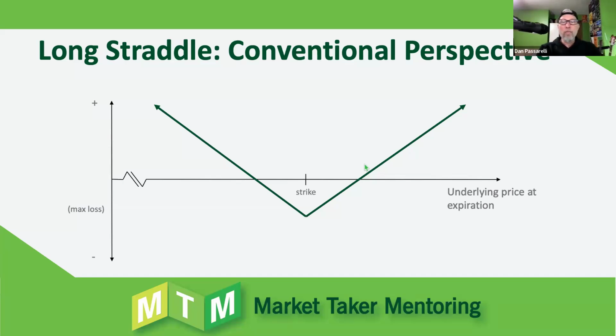So the strike price, 135, and if we're above the strike, the put's going to expire. We don't care about the put. So this is the call's strike, 135 plus 9.50.